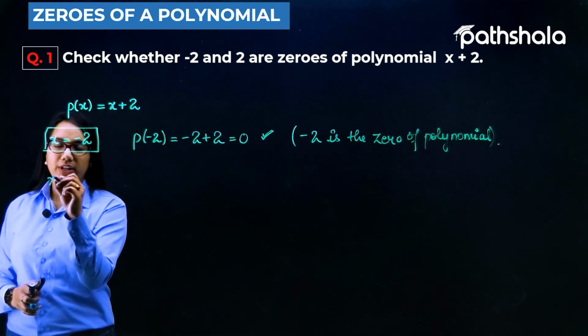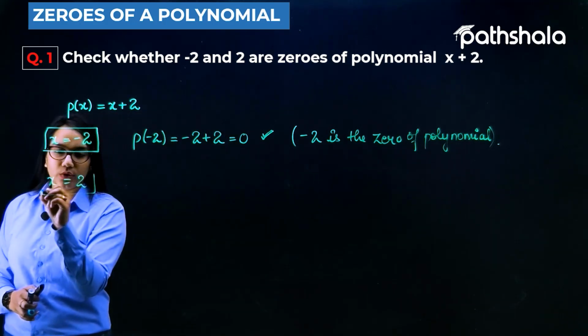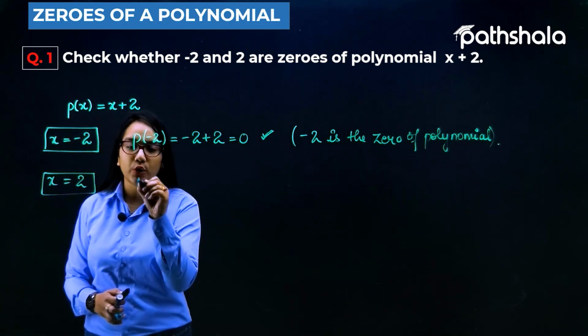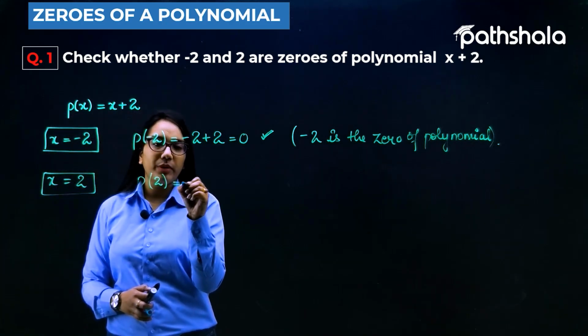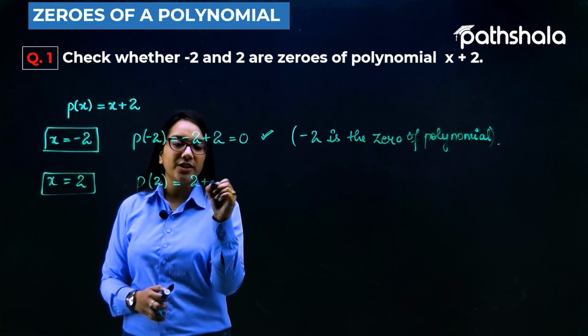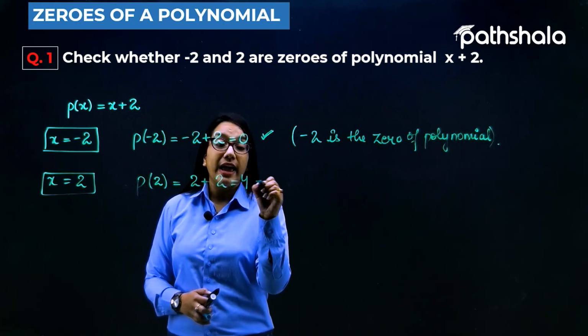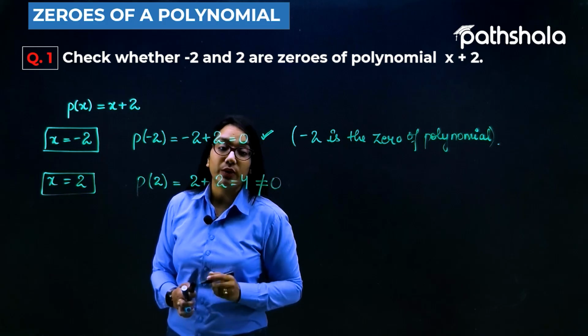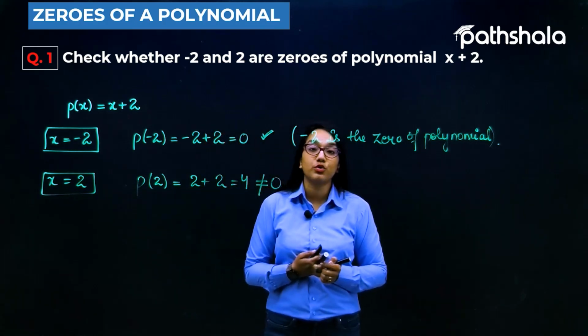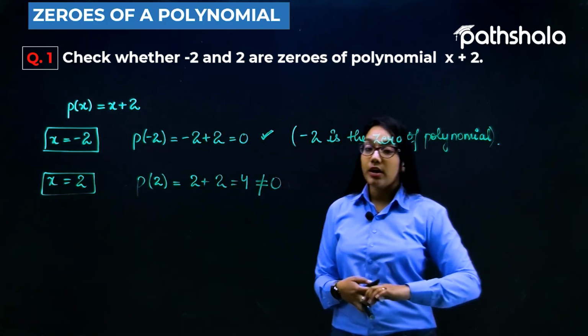Now let's talk about x = 2. Substitute x = 2 in the polynomial. So p(2) is 2 + 2, and the answer is 4. Hence it is not equal to 0. It means that after substituting x = 2 in the polynomial, it is not coming out to be 0.